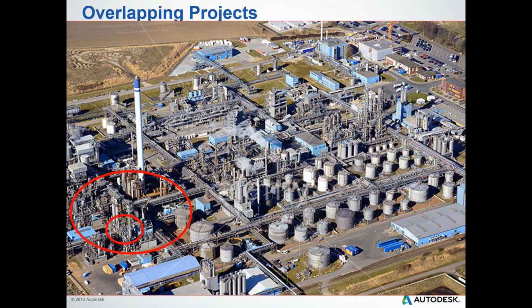And then also be able to handle overlapping projects within the context of a facility. So here we've got this larger project going on, probably may take years, and then a subset of the drawings get assigned to a short-term project, and then be able to manage and track each of those files and what concurrent projects they're associated with.